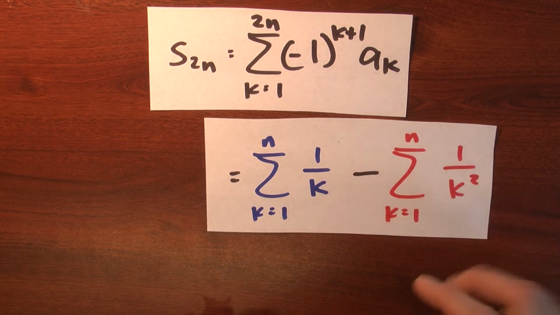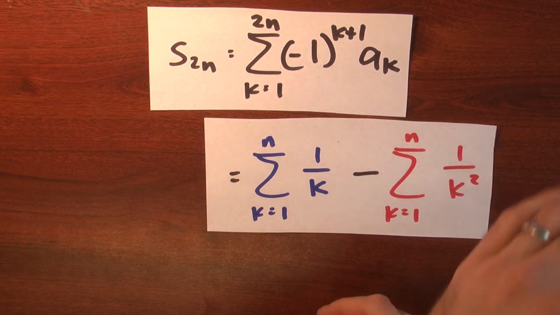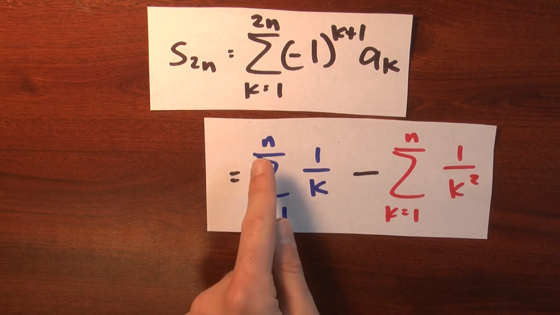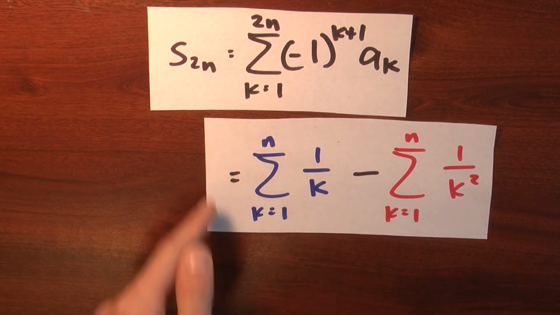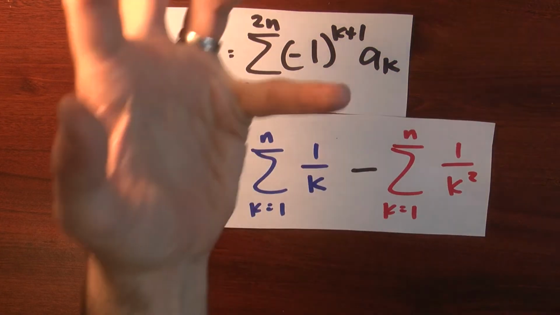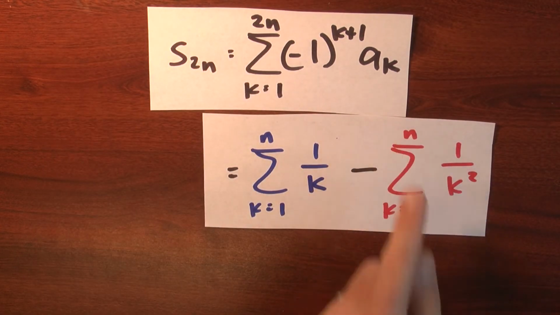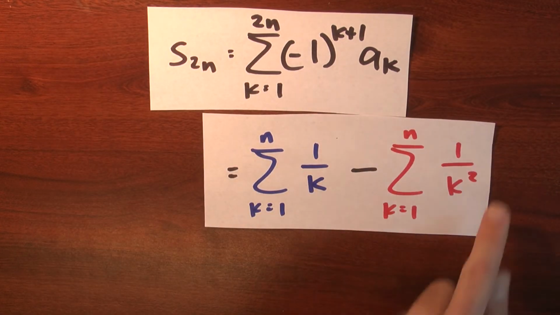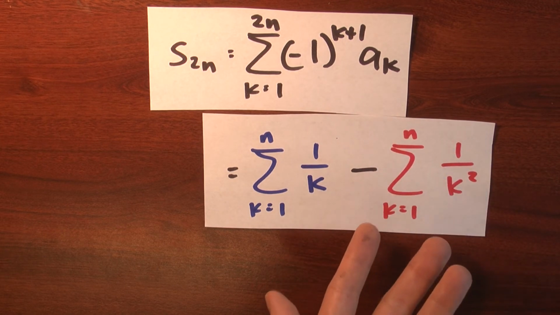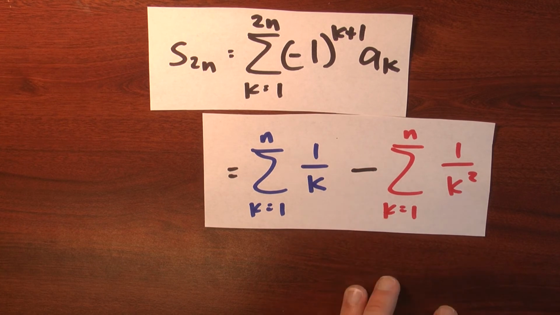Now the whole point here is that the harmonic series diverges, and this is a convergent p series. So by taking n large enough, I can make this partial sum for the harmonic series as large as I'd like. But no matter how big I take n, this convergent p series never exceeds the true value of this p series, which is pi squared over 6.